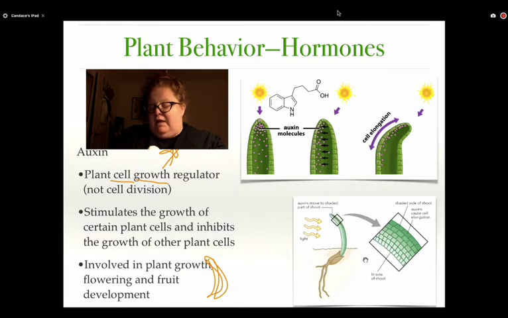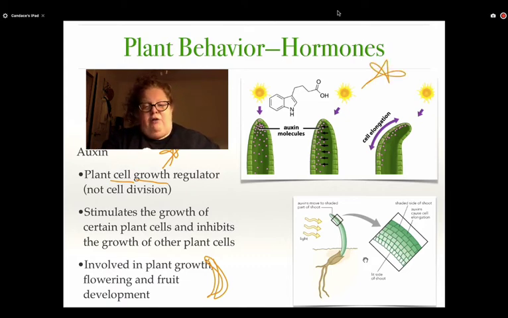And so what it's going to do is stimulate growth in some parts and inhibit growth in other parts. Let's think about how this relates back to our behaviors that we were talking about earlier. So phototropism, okay? This auxin just explains how phototropism works. We're going to look at both of these pictures here because I tried to find one that showed everything that I wanted and I could not find it.